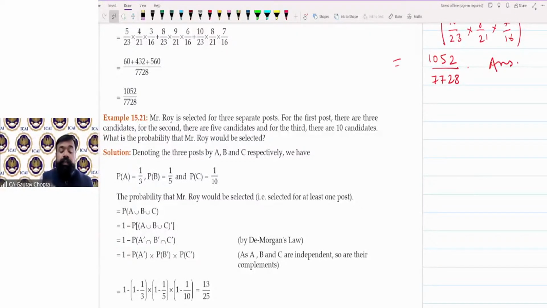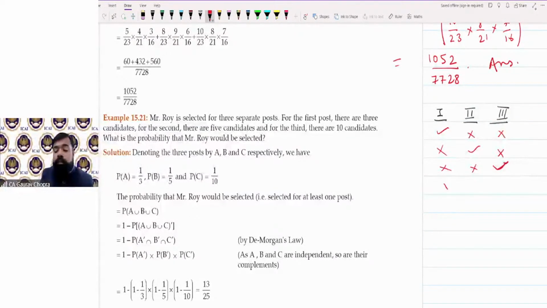Now, see that there are 3 posts. You can write first, second, and third. Now, Mr. Roy can be selected at any post. So what are the different possibilities? He gets selected in first one, or second one, or third one.